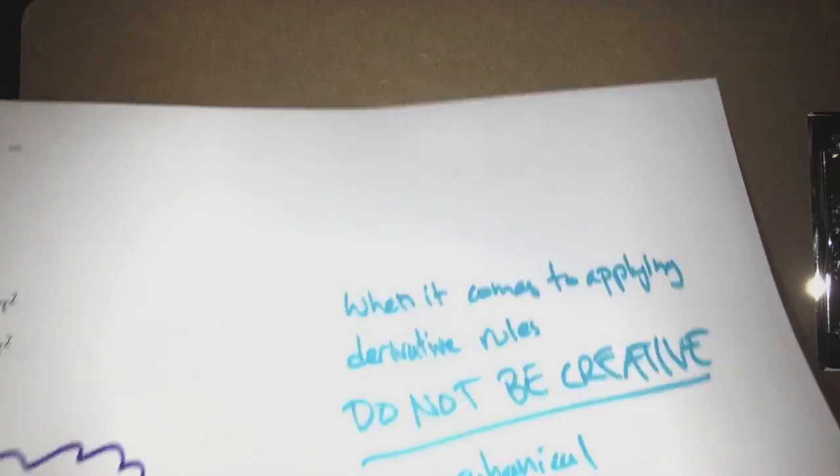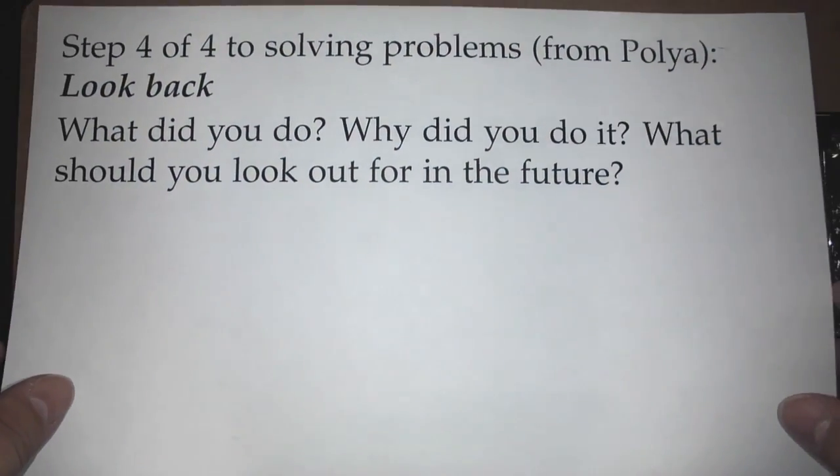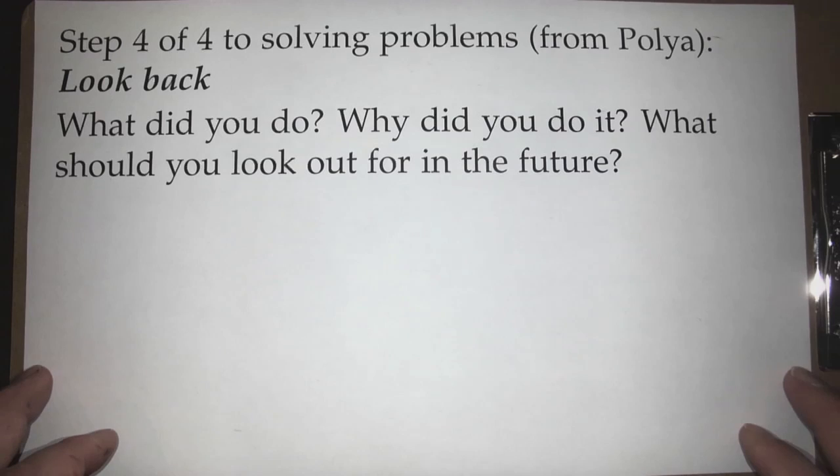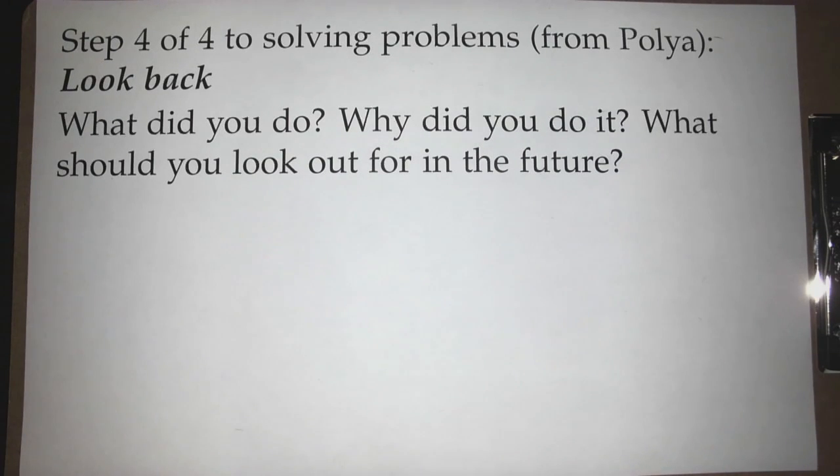All right. Cool. If you've been following our thoughts for the day, we've been talking about problem solving, and that brings us to our final step. Let's recap. What was step 1 to problem solving?